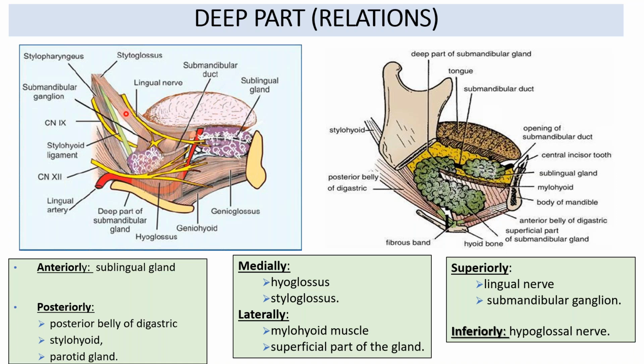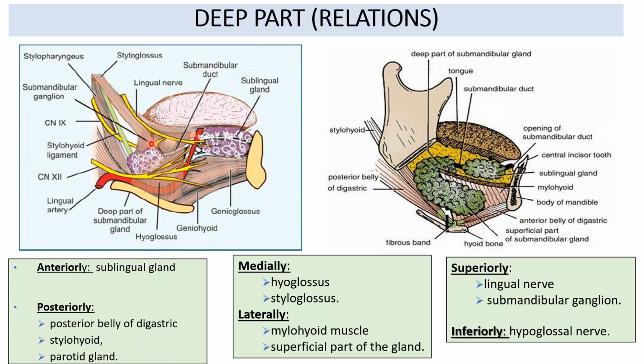If we see what is superior to the deep part of the submandibular gland, there is a nerve over here. This is the lingual nerve, which is related superiorly to the deep part. And through the lingual nerve, it is connected to the submandibular ganglion. Over here is the location of the submandibular ganglion, which is connected through the roots with the lingual nerve.